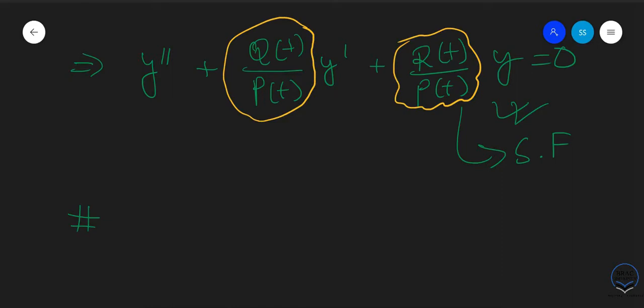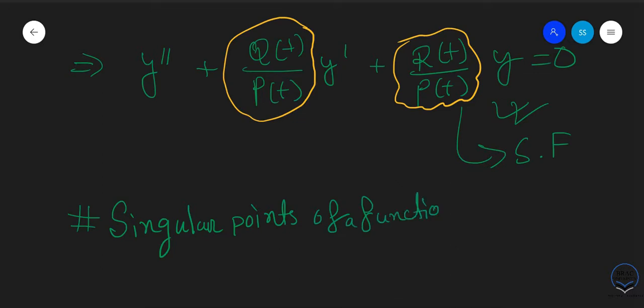So based on this, there comes the idea of a singular point. Singular points of a function. In short, these are points where the function blows up.